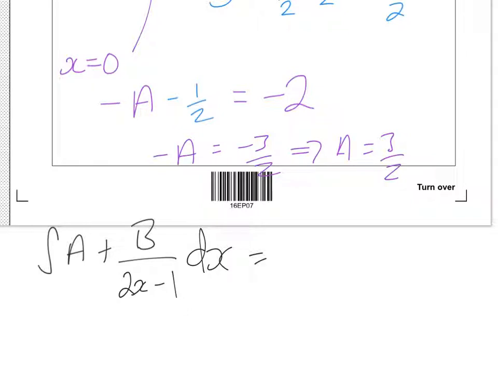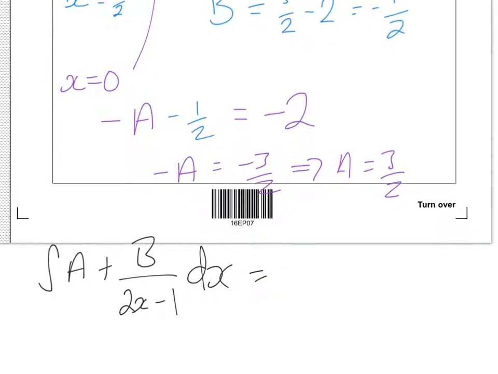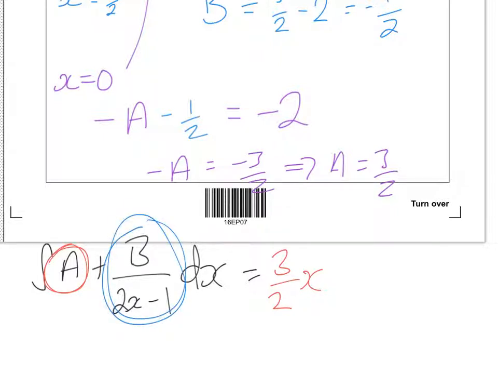And we know what a and b are, we've just worked them out. a is 3 halves, b is minus a half. So we can do this integration because a, 3 halves, integrates to 3 halves of x. And this bit here integrates to minus a half of log mod 2x minus 1 plus c. Done.